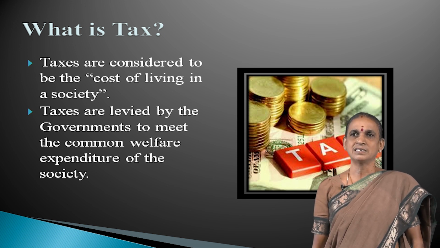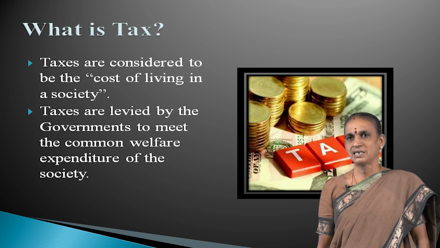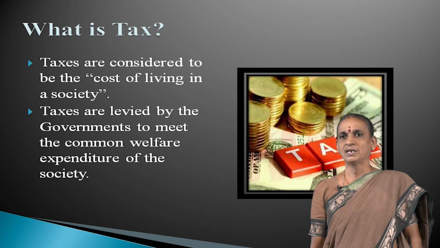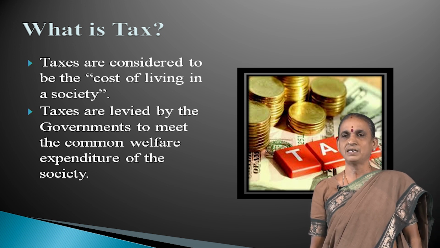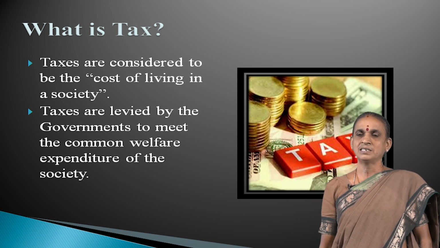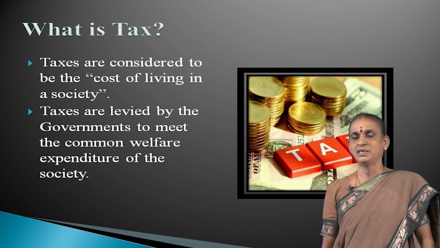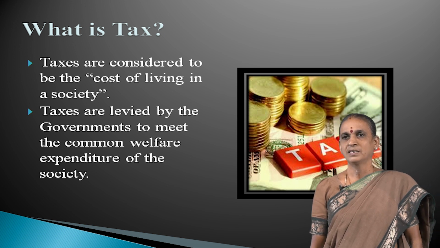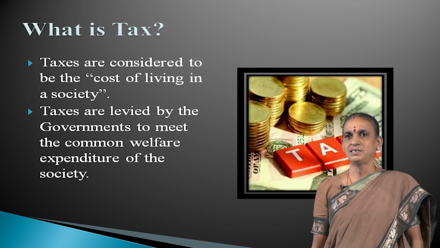So taxes are considered to be the cost of living in a society, and the tax is levied by the government to meet the common welfare expenditure of the society. The common welfare expenditure means we need certain infrastructure facilities like electricity, water, road facilities and housing. Those facilities are provided by the government from the revenue collected from us.